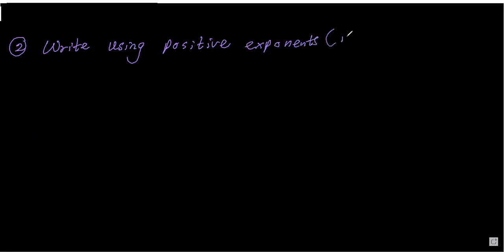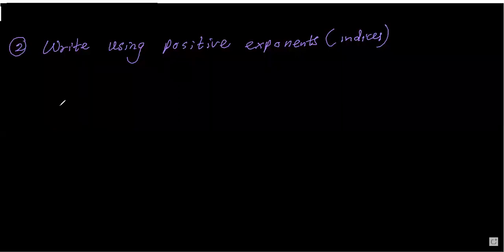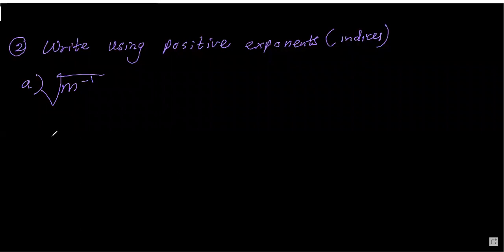Then we can write m to the power minus 1 square root. So we can write m to the power minus 1 into half, m to the power minus half.